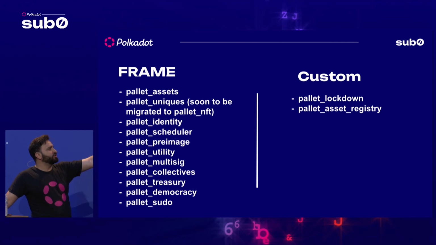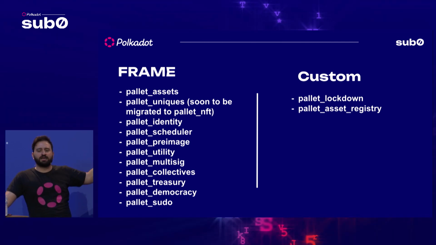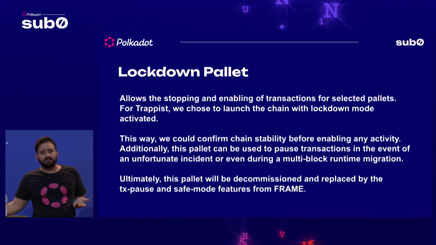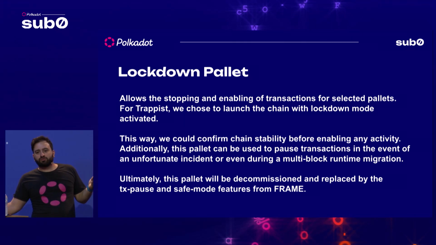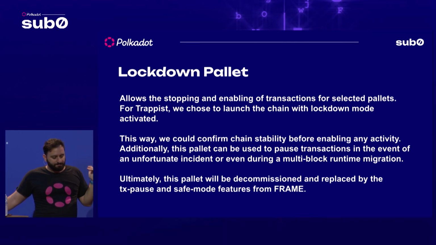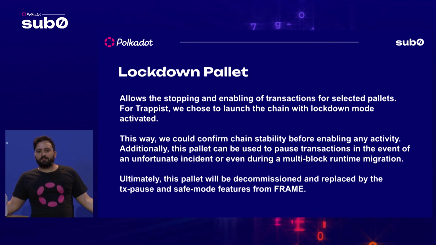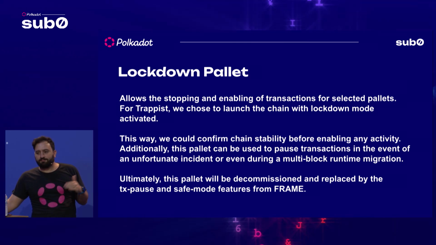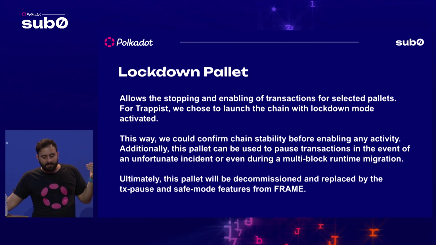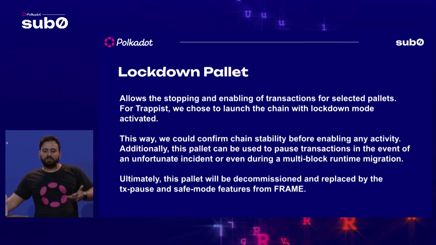But we created two custom pallets that we needed for our own purpose. The first one is the lockdown pallet. This basically allows you to stop all the operations on the chain. You can filter any messages coming from the DMP queue, and it also stops all the transactions.